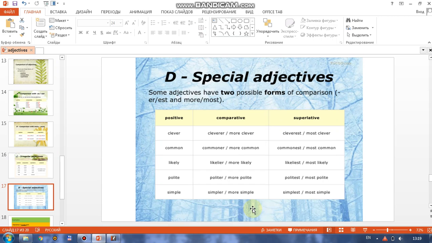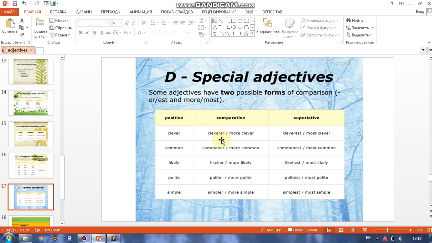Next, we've got special adjectives also. It means that two forms are available in comparison. As you see here, in positive degree it stays in its position. In comparative, we can use both forms. It means that we can use the er suffix and the word more also.